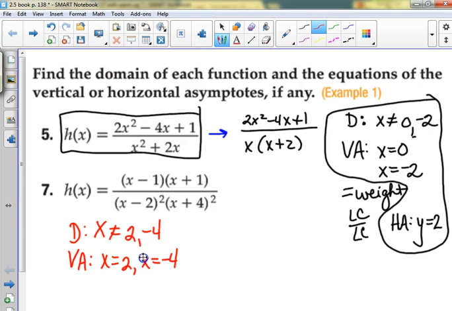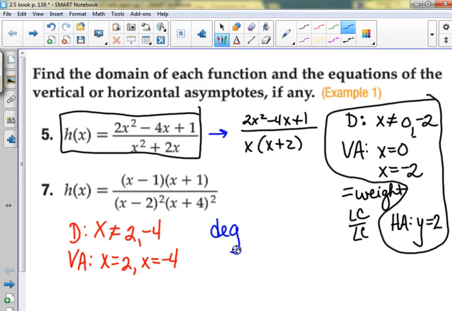It could be, yes. Yep, this is degree 4 on the bottom. So it has 2 vertical asymptotes. But that's all that squared does. Okay, what about degree?